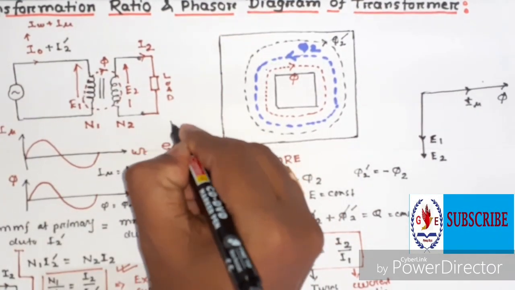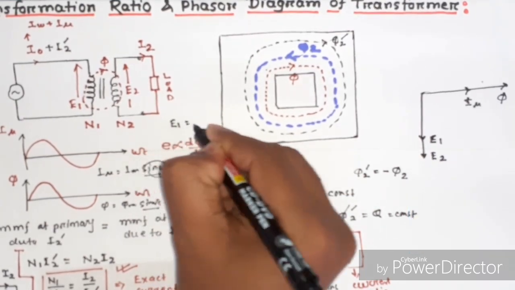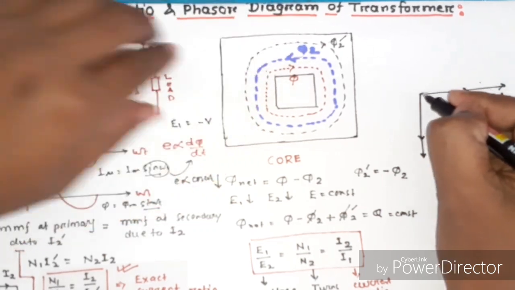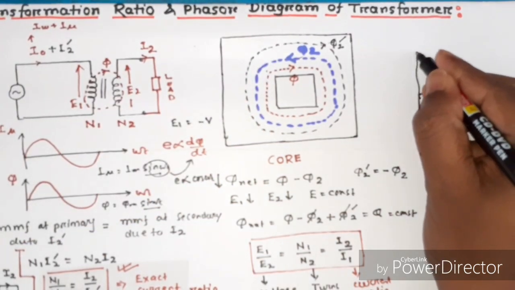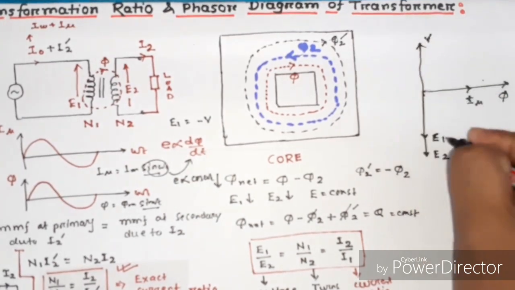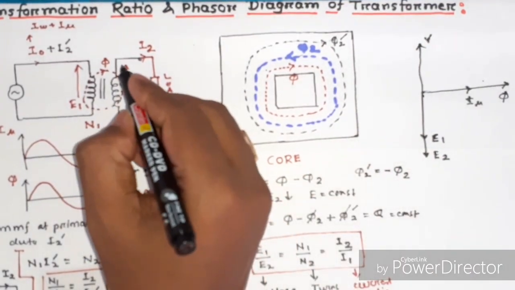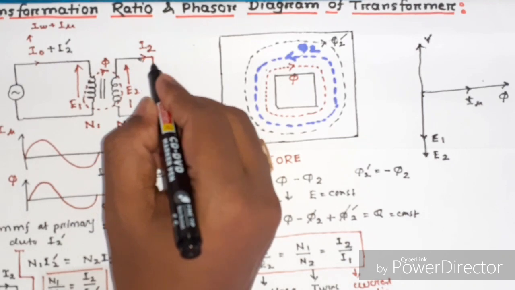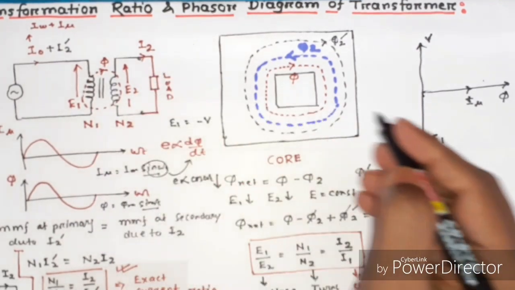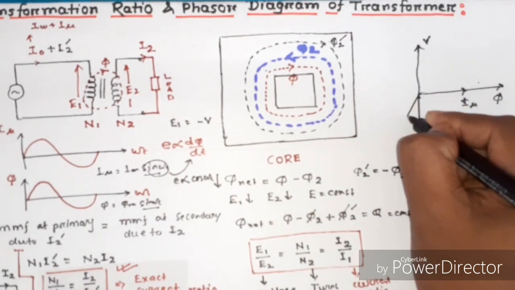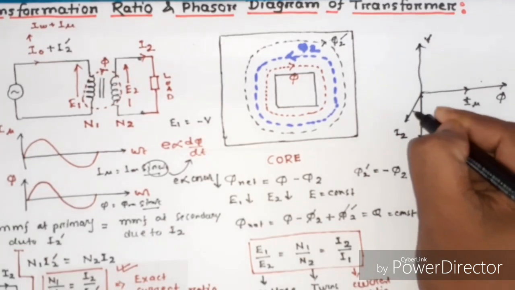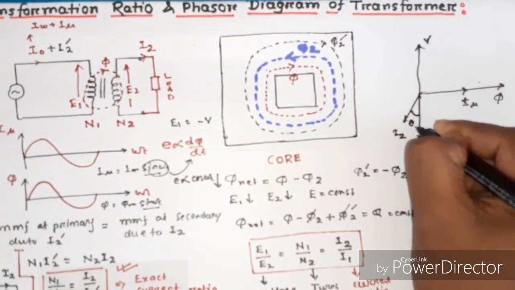Therefore E1 will be minus V, the supply voltage; the supply voltage will be in the opposite direction of E1. Now, for a lagging power factor load, I2 lags E2 by theta 2.